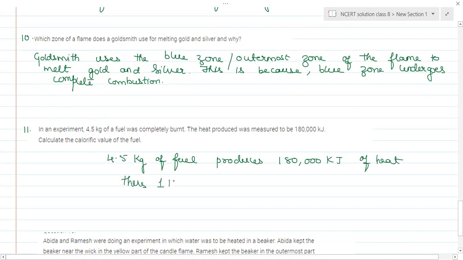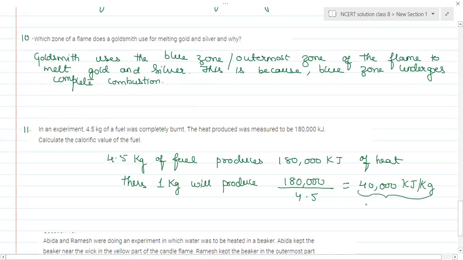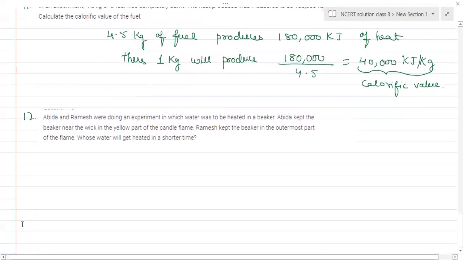Thus, 1 kilogram will produce 180,000 divided by 4.5, which is equal to 40,000 kilojoules per kg, and this is your calorific value. Okay. So this 11th question has a high probability of being asked in your exams.